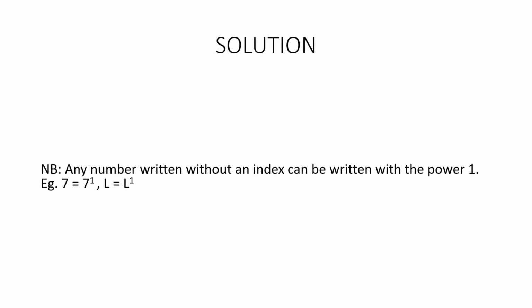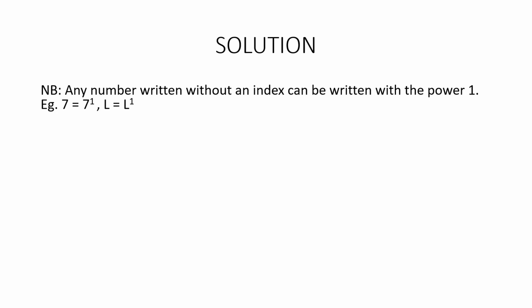To find the solution, we need to bear in mind the principles we are going to use. The first principle about indices says that any number written without an index can be written with the power 1.